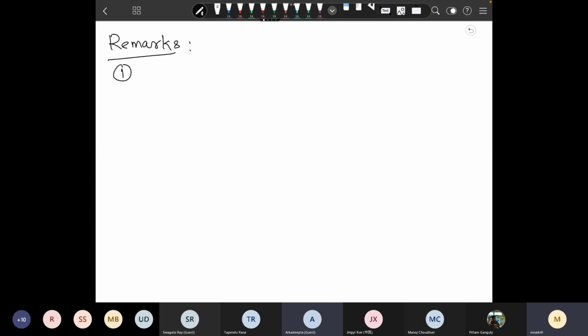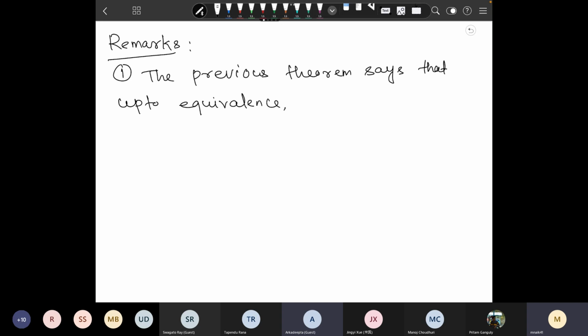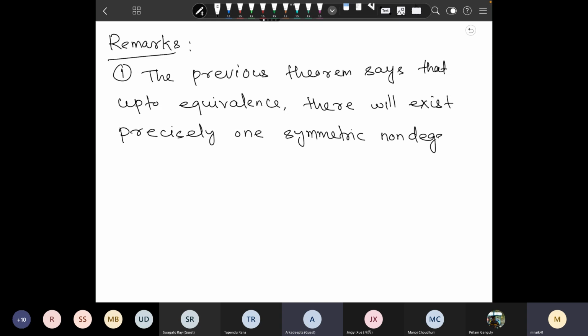Let me write the remark. The previous theorem says that up to equivalence there will exist precisely one symmetric non-degenerate form on a complex vector space of a given dimension.